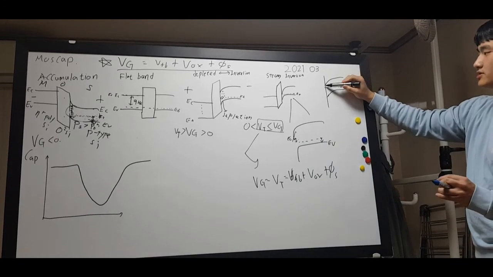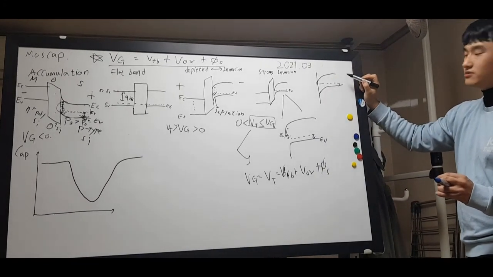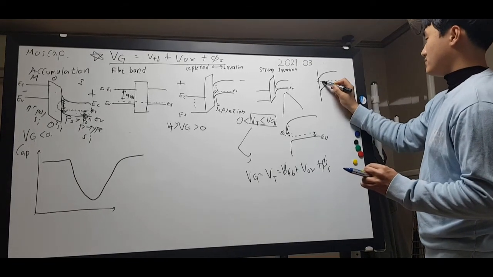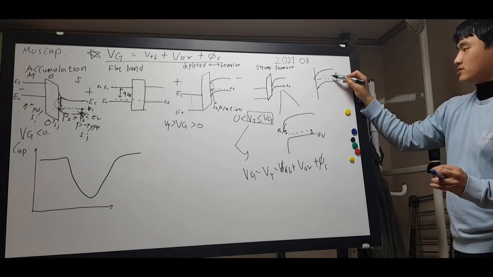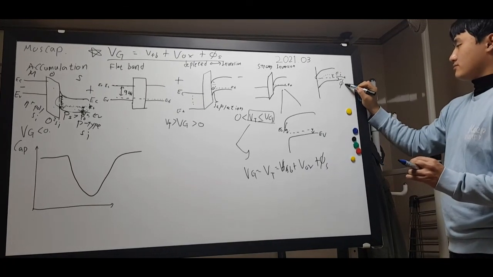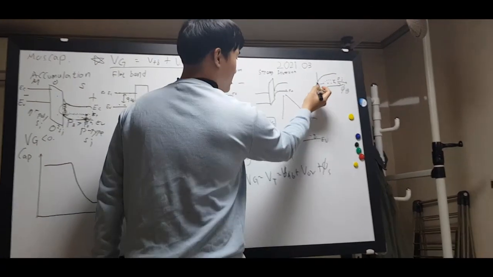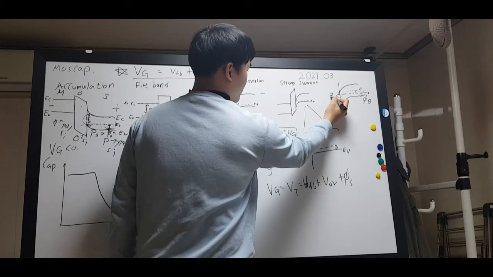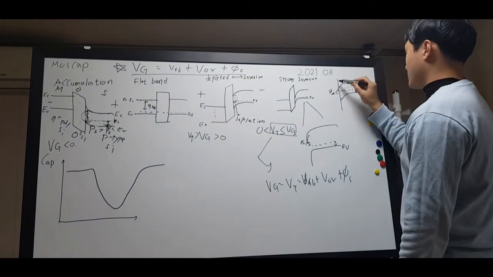Here's the difference, and here the distance or difference will be the same. So let's see, if we draw the intrinsic Fermi level, we call this difference theta b, and it will be the same here for theta b. And look at the surface.